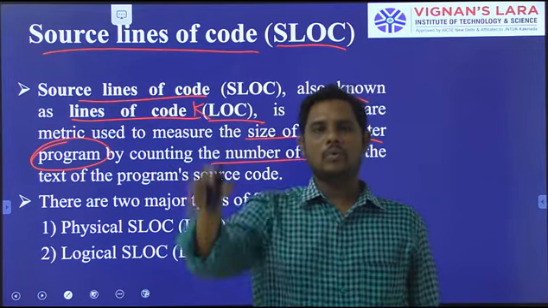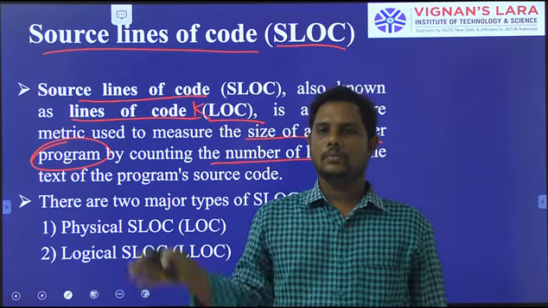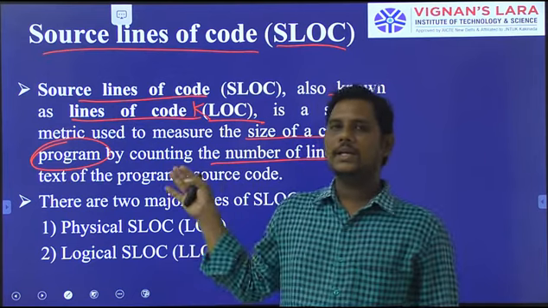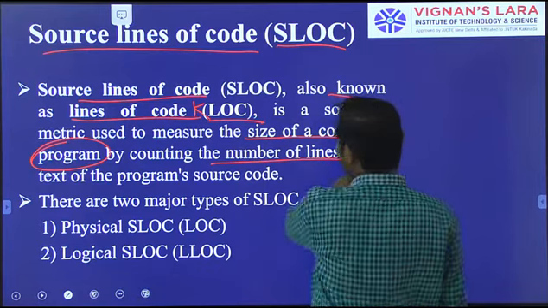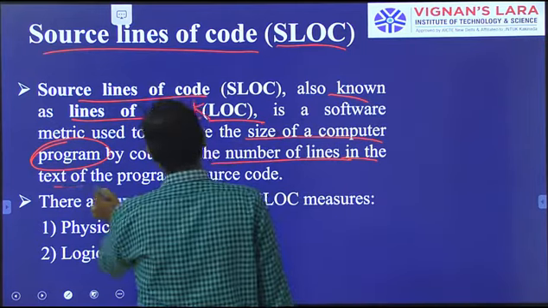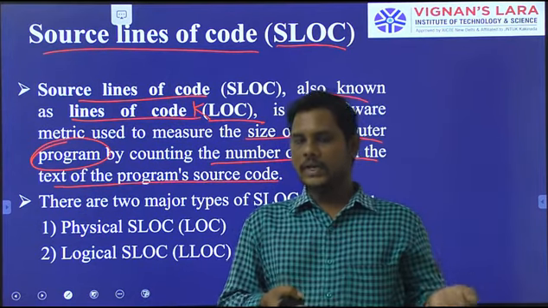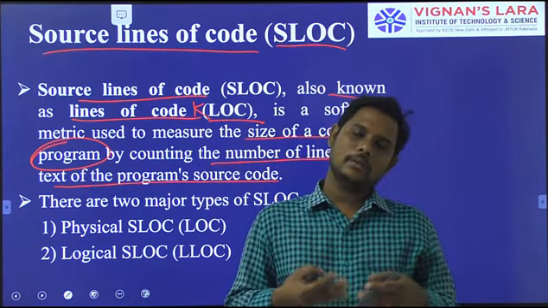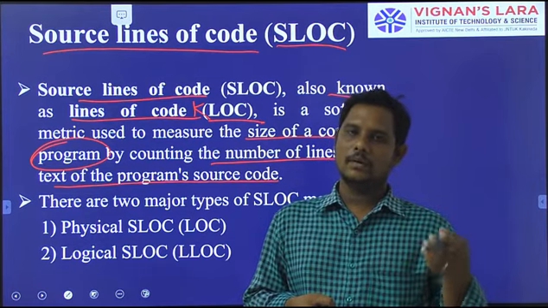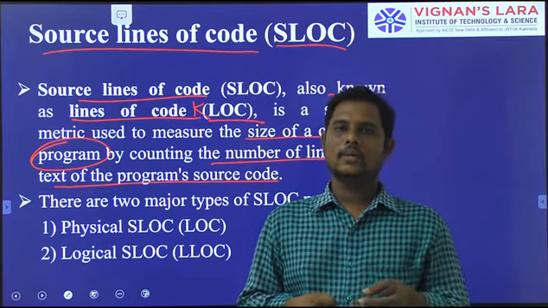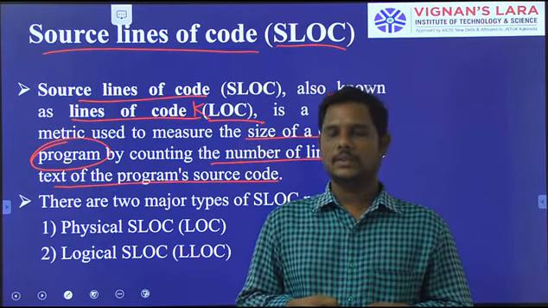Based on how many lines of code you write in your project, we calculate the cost of the project. So we count the number of lines in the text of the program source code, using the text information or logical information, whatever is used in the program. Each program contains some number of lines of code, and that code we estimate to create our project estimation.